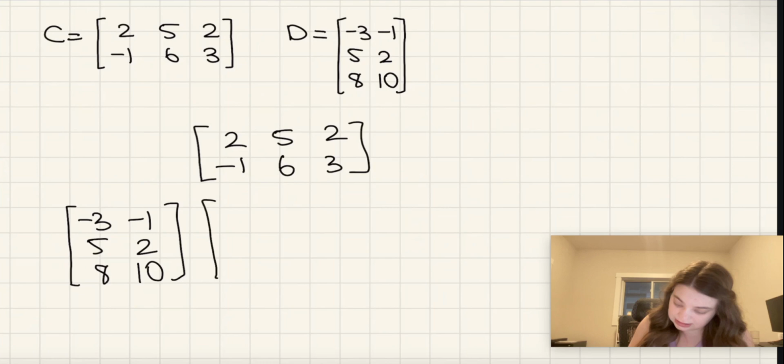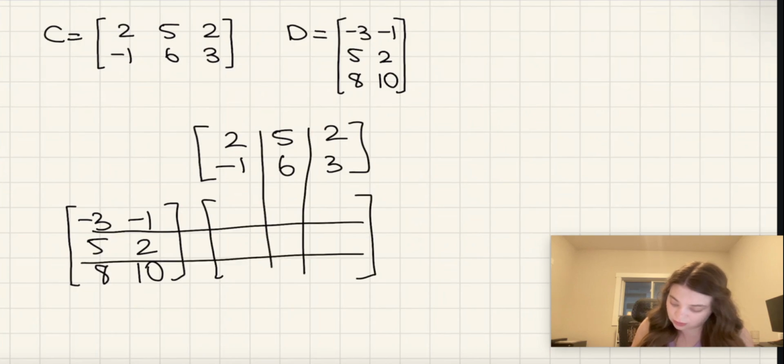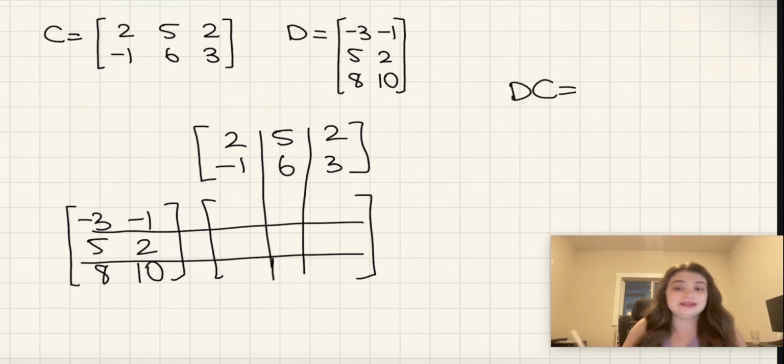And notice the resulting matrix is going to be a 3 by 3 matrix. So not only is this matrix going to automatically be different from CD, but it's not even going to be the same size, right? We already found CD and it was a 2 by 2 matrix, and this one's going to be a 3 by 3. Okay, so let's multiply it out.